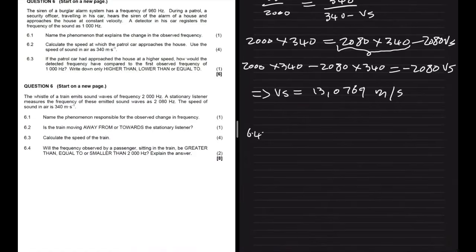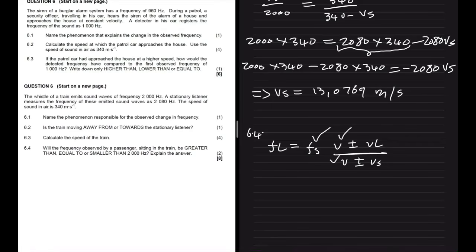6.4. Let's stick to the formula again, like we always do. FL equals FS times V plus or minus VL divided by V plus or minus VS. This FS is remaining the same. V is the same.